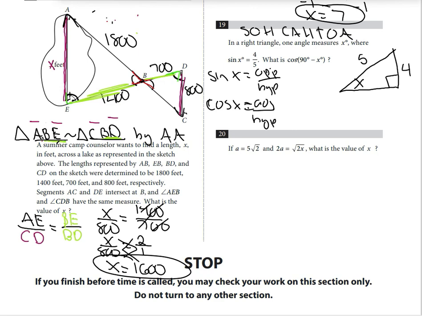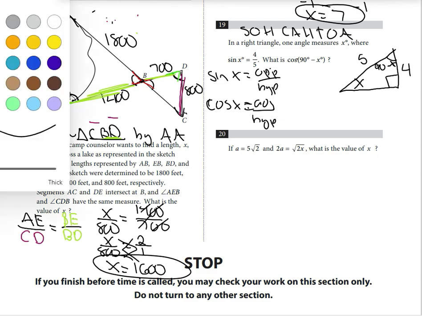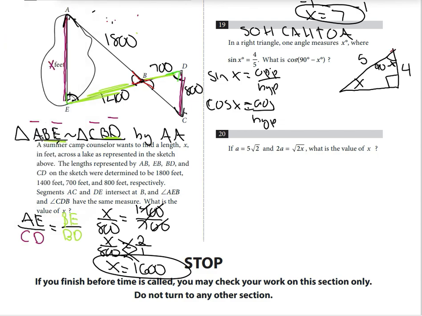And we want to figure out cosine of 90 minus x. Well, if we represent our angles as x, this is 90. This angle right here is going to be 90 degrees minus x. So we're actually finding the cosine of this angle right here, which means this is my adjacent side, this is still my hypotenuse.